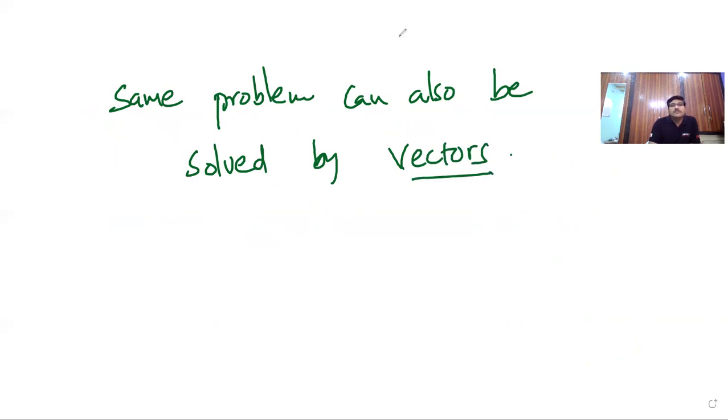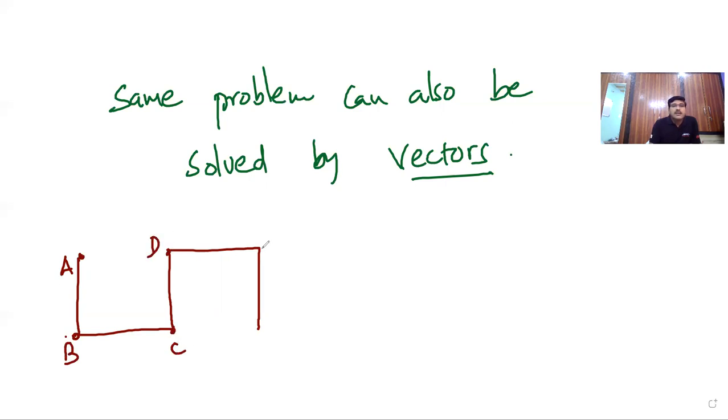Now observe, this was given. This was initial point A to B, B to C, C to D, D to E, again E to F. So A, B, C, D, E, F. Clear?